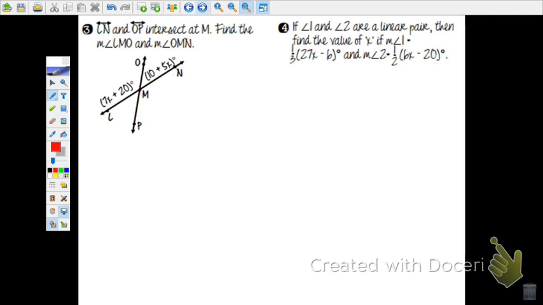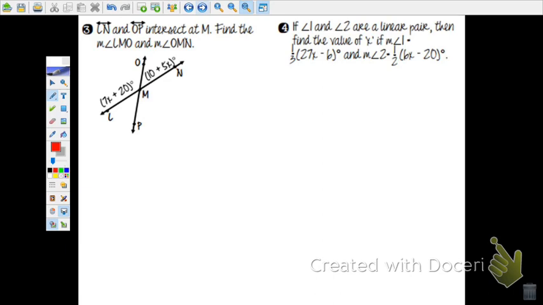3 says that line LN and line OP intersect at point M. We want to find the measure of those two angles. So when I look at my diagram, what do I know about those two angles? They are intersected. They're linear. It's a linear pair, so what do I know about their measures?